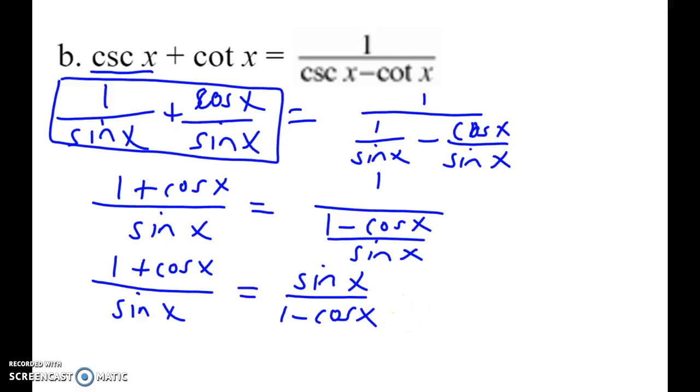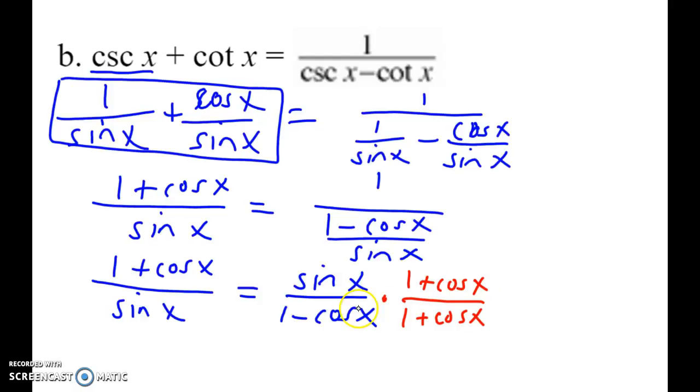And a conjugate is where we multiply by, since this says 1 minus cosine of x, I'm going to multiply by 1 plus the cosine of x over 1 plus the cosine of x. This is multiplying by a giant 1, so I haven't changed anything.